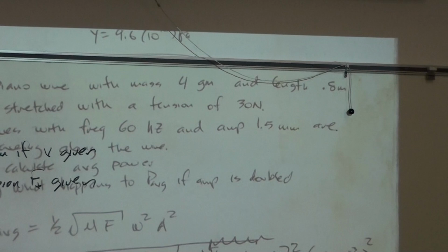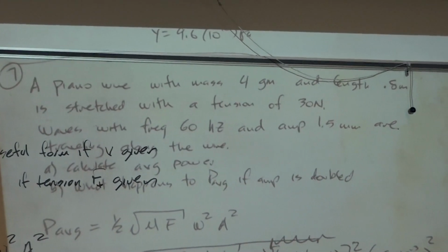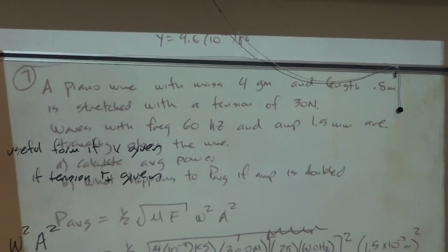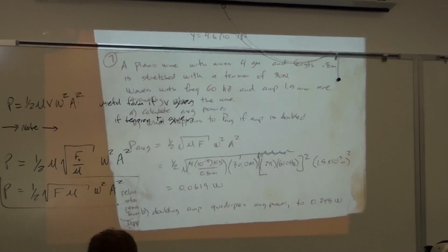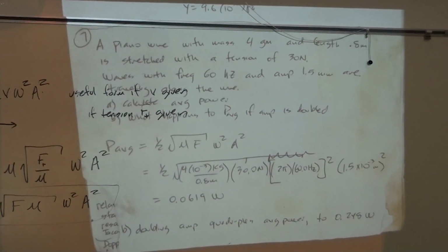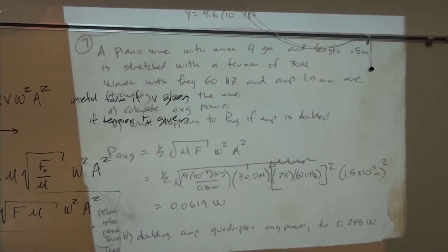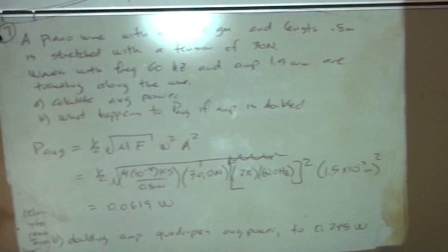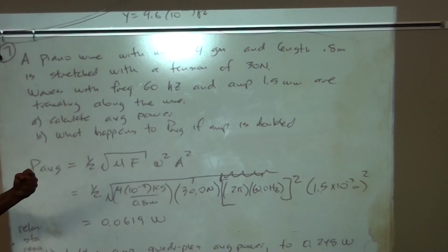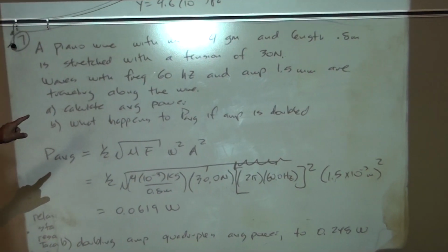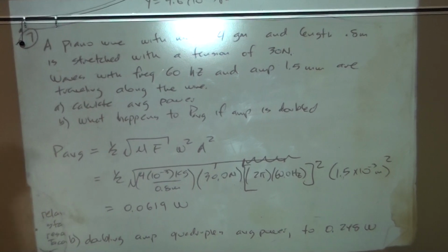And then we send waves with a frequency of 60 hertz and amplitude of 1.5 millimeters along the wire. And then we'll calculate the average power. Okay, so let's just picture this. We've got a piano wire, 0.8 meters, 80 centimeters long, has a mass of 4 grams. So it's a pretty light string.